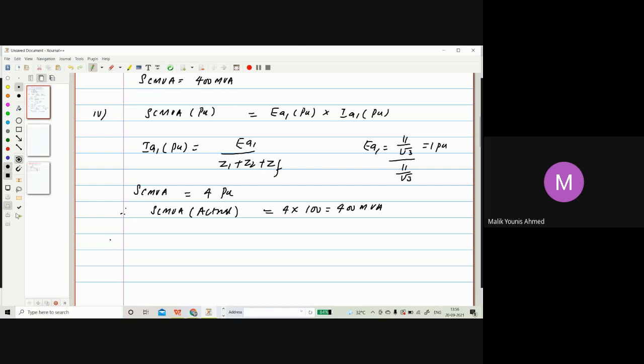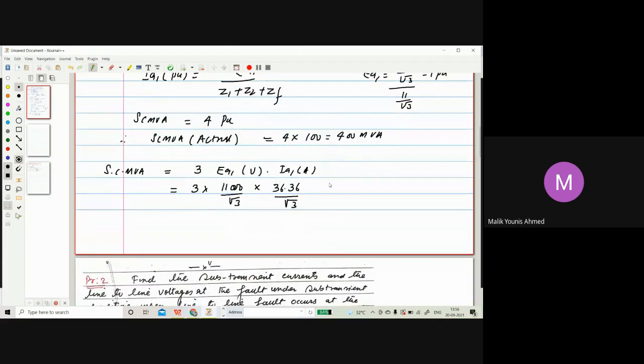And short circuit MVA can also be obtained like this: 3 EA in volts into IA in amps. So that is 3 into 11,000 by under root 3 volts. We are talking not in per unit now. IA1 we know, this 36.36 divided by under root 3, that is also in kiloamps.